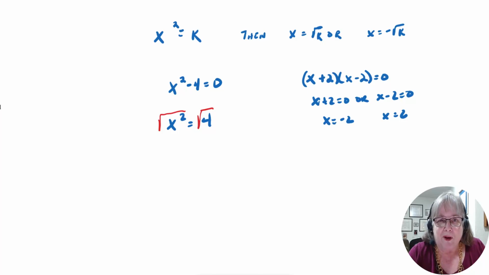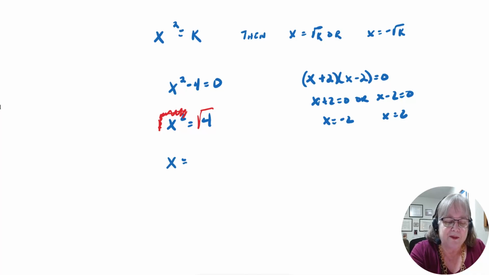But if you apply a process, you just have to be sure to do it to the other side as well. So what happens is this square root right here is actually going to undo this square. It's going to reverse the square. So what you would have is x, because the square root of x squared is x.